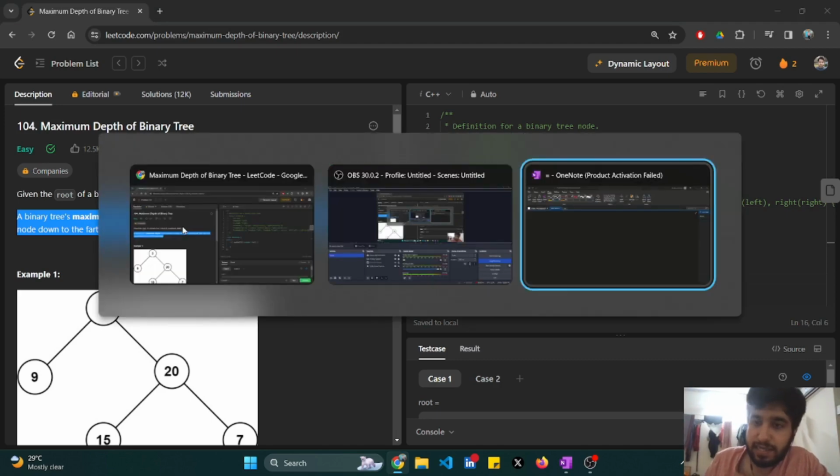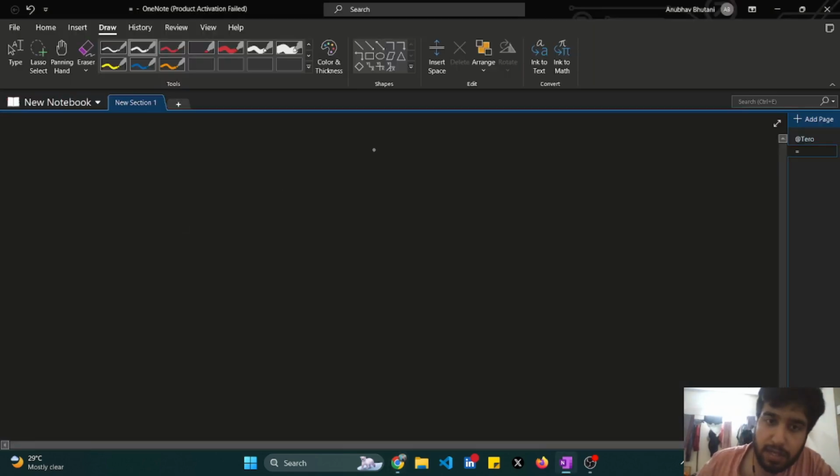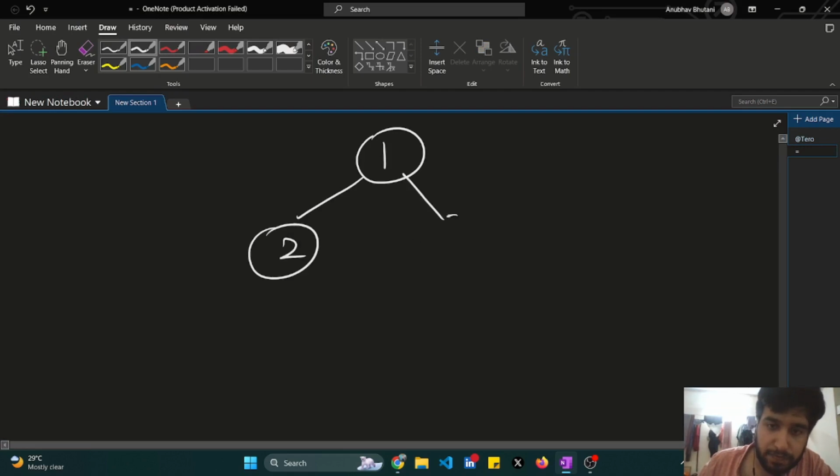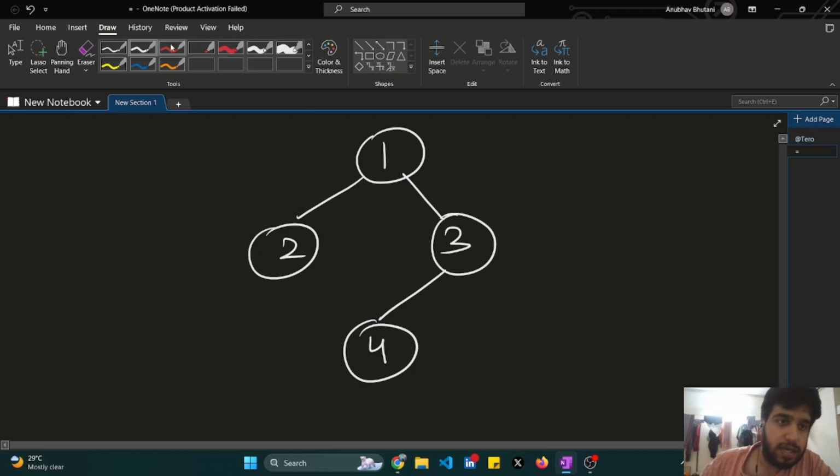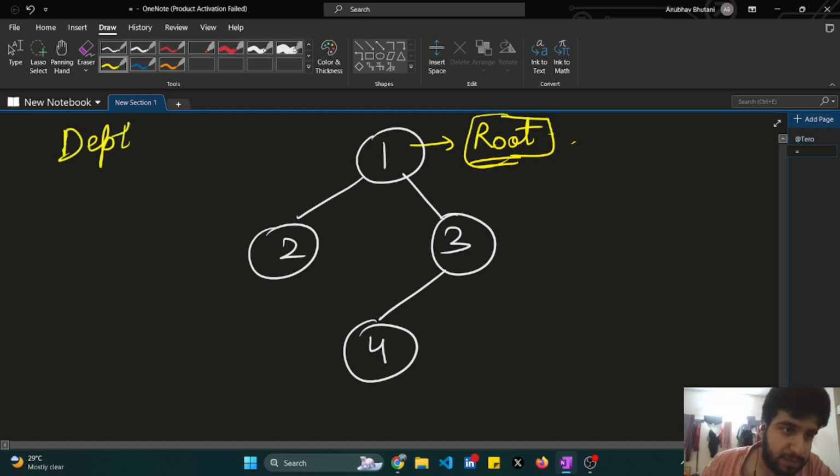Okay, seems nice, but what is the meaning of it? Let us see by an example. Suppose this is your binary tree: 1, 2, 3, and 4. This is my root node. The depth of the binary tree is given by considering the same level nodes as level 1.